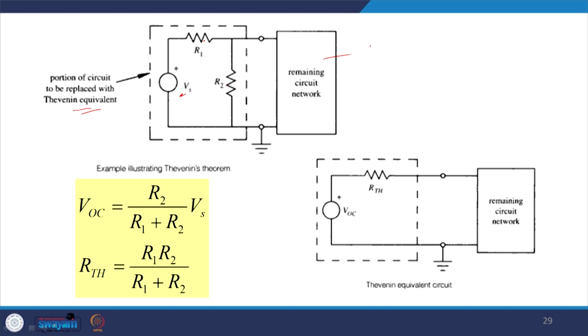So, what we do is replace this with a voltage source VOC and the Thevenin equivalent resistance. This VOC is given by R2 by R1 plus R2 times Vs, and similarly RTH, the Thevenin resistance, is given by R1 R2 by R1 plus R2. Okay. So, this way we can evaluate this.